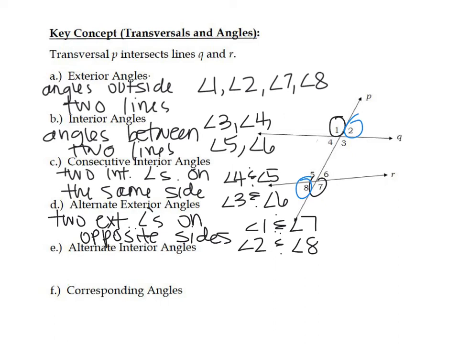Then we have alternate interior angles, which is going to have a similar definition as exterior, except they're going to be 2 interior angles on opposite sides of the transversal.